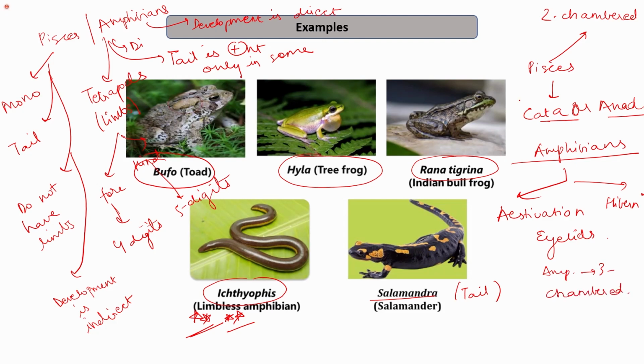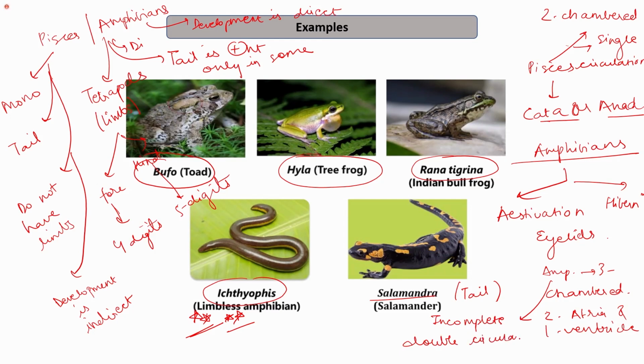Right? It is a 2-chambered heart with a single circulation in Pisces. While in amphibians, it is a 3-chambered heart, that is 2 atria and 1 ventricle, and it is an incomplete double circulation.